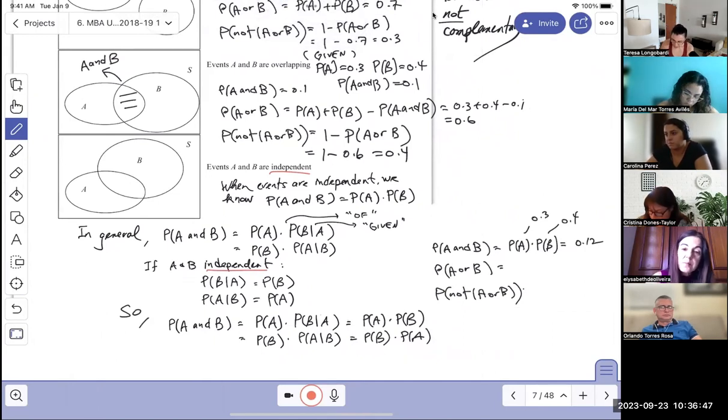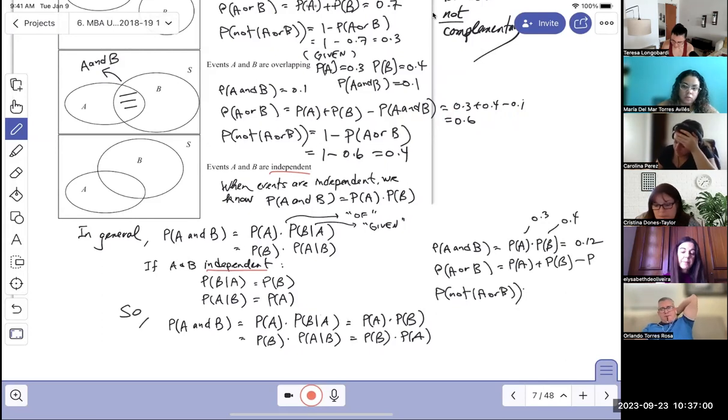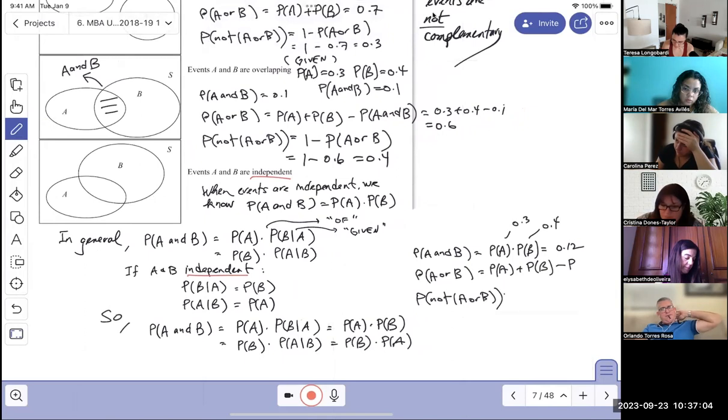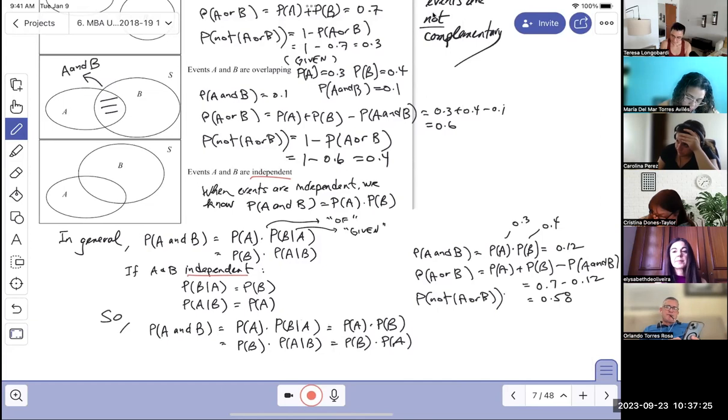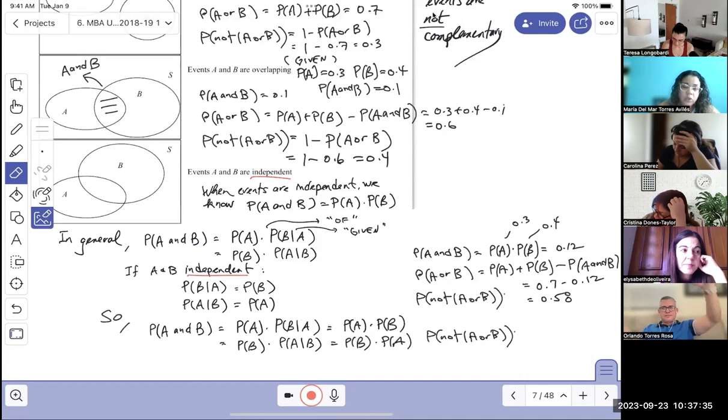A or B would be the same as I did up here, but I'm going to change it from 10% to 12%. So it's 0.58. And not A or B? 0.42.